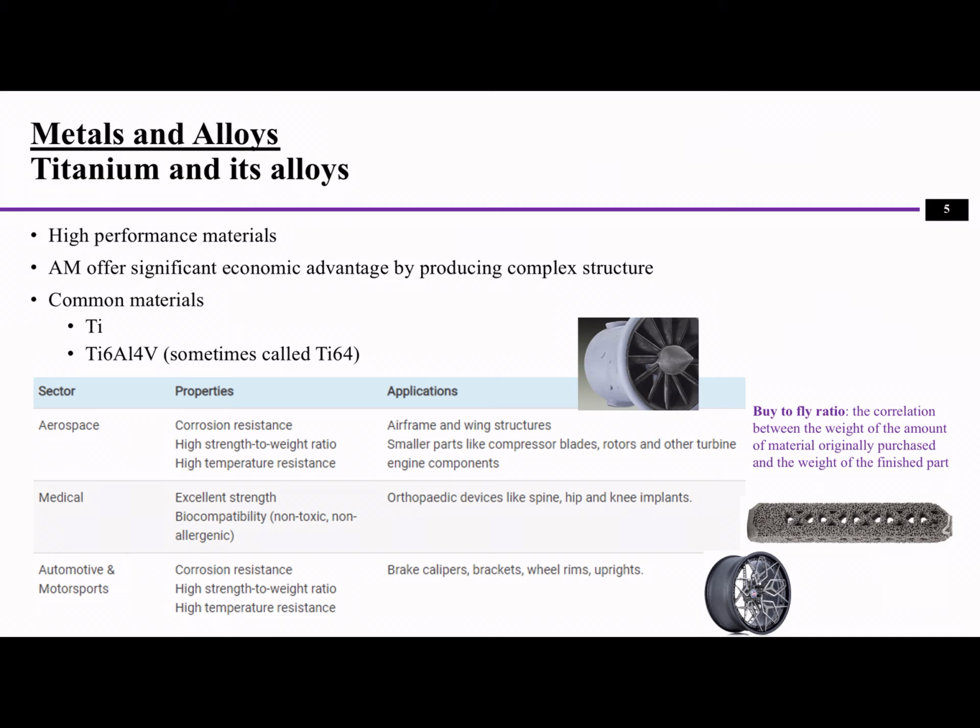Because it's not a subtractive processing, so we're not subtracting a lot of materials. A significantly decrease this kind of buy to fly ratio. So this is one application, that's the reason that metals and titanium can be used in aerospace industry.